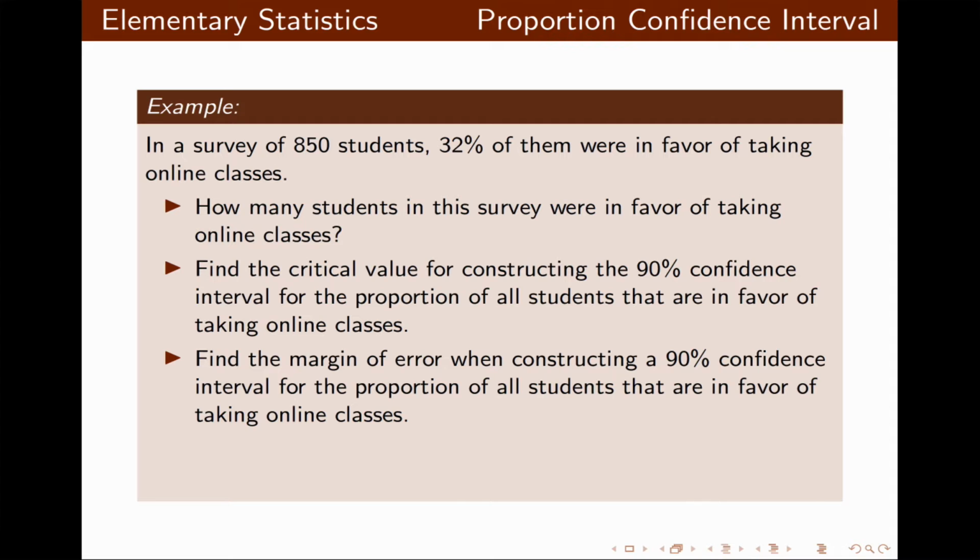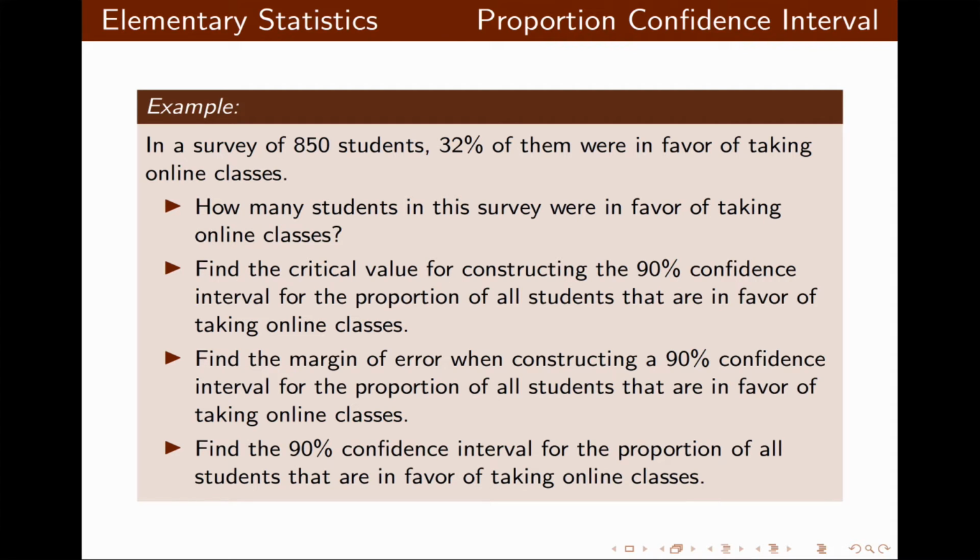We'd like to compute the margin of error for the 90% confidence interval. And finally, we want to find the 90% confidence interval for the proportion of all students that are in favor of taking online classes.